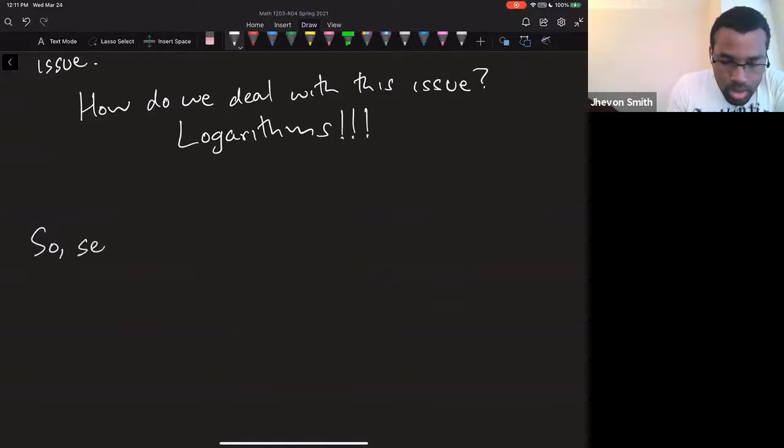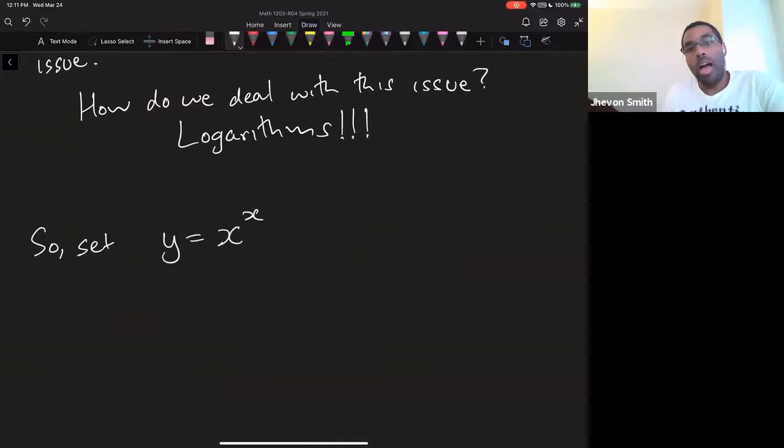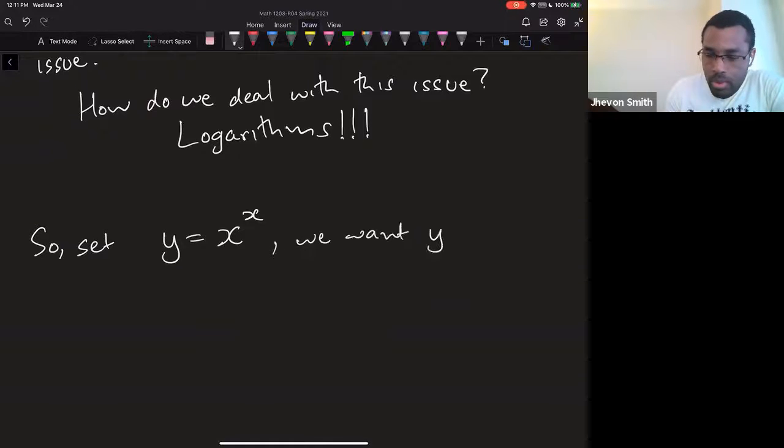So set y equals x to the x. I want to find y prime. What I can do is, the power x is a problem. So what I'm going to do is log both sides.